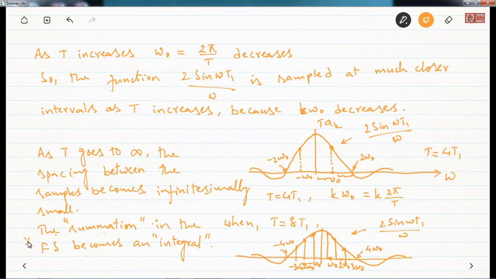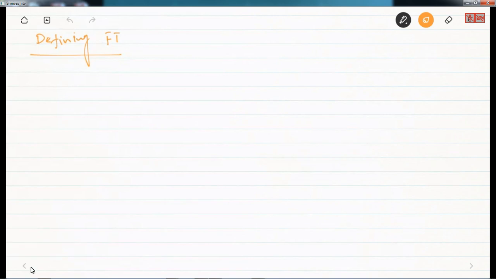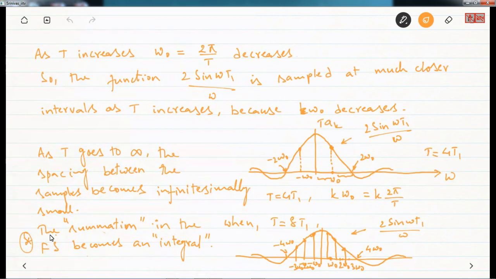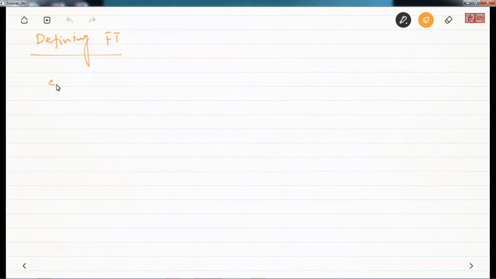So note down this sentence: the summation becomes an integral. And now consider formally how we define the Fourier transform.